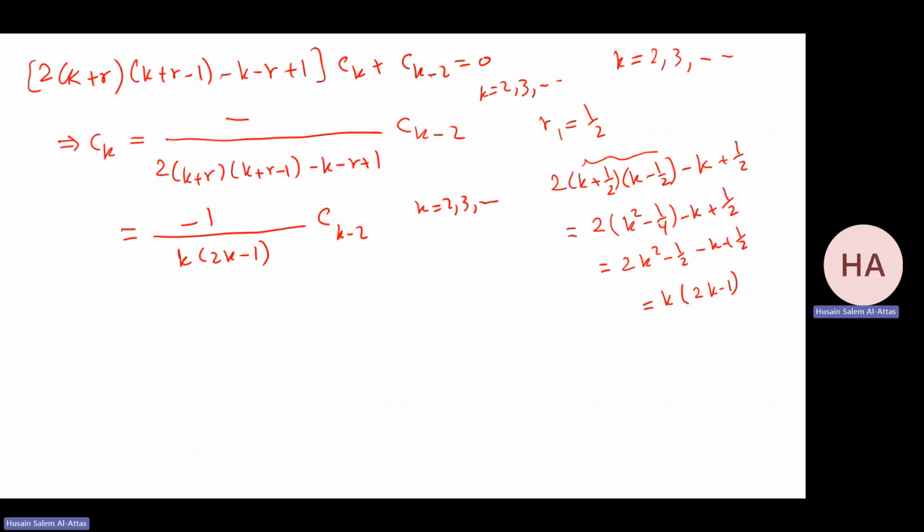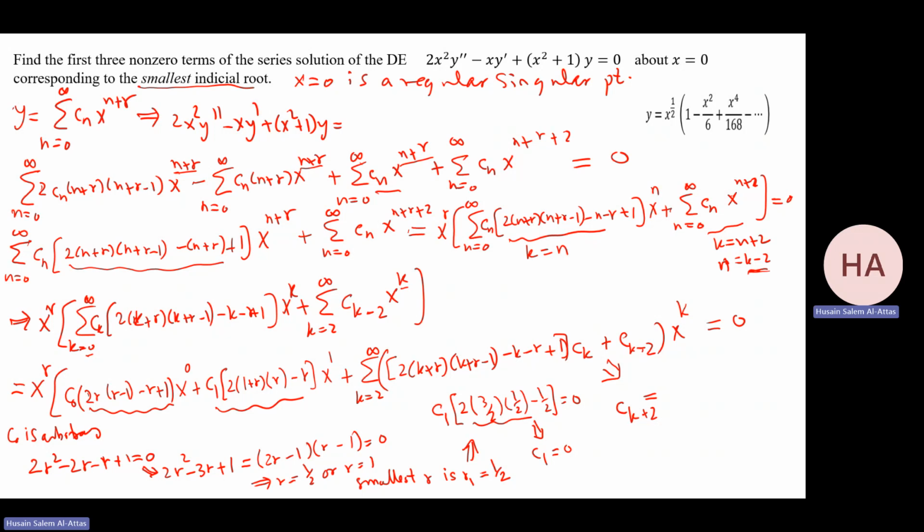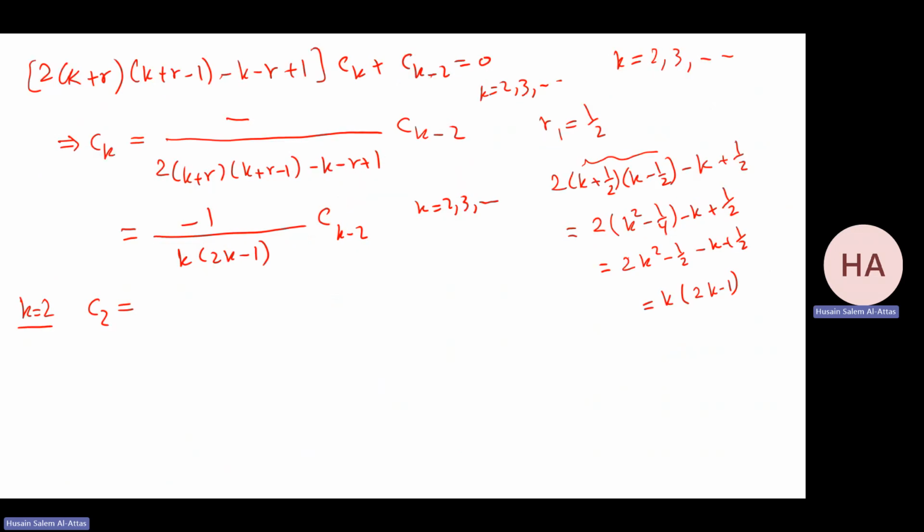Okay. Now let me do the calculation. K equal 2, I'm starting from 2, sorry. I'm getting C2 equal to minus 1 over 2 times 3, C0. C1 is 0.